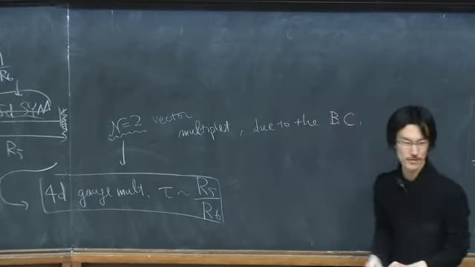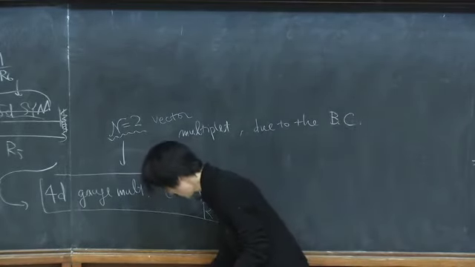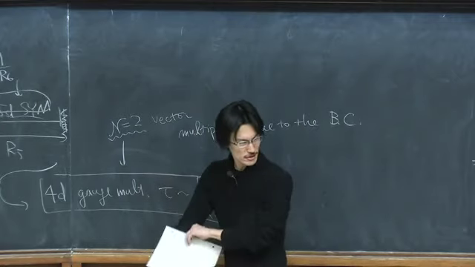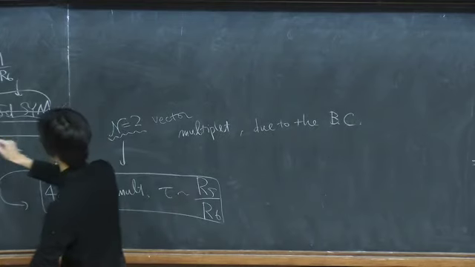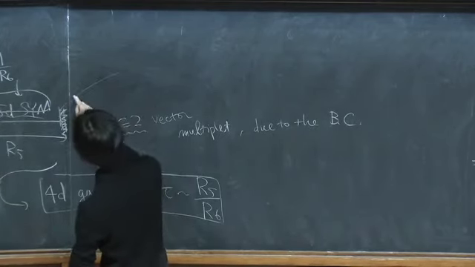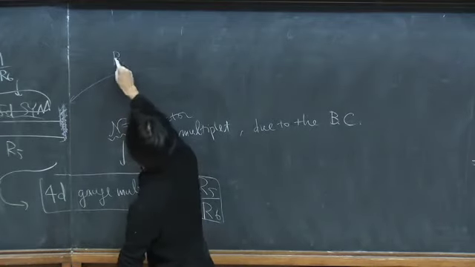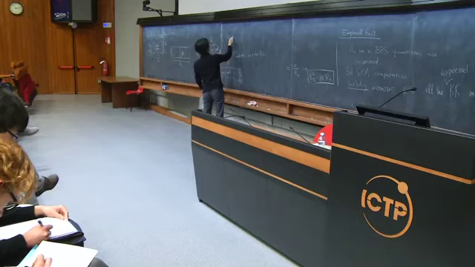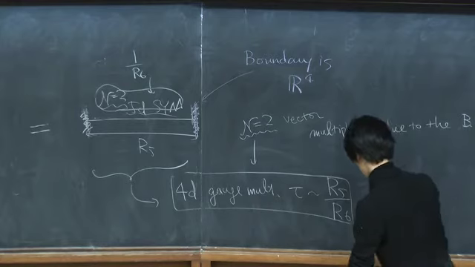So what is this boundary condition? From the 6D point of view, you cannot really say directly what exactly this boundary condition is, but there's one nice class of boundary conditions in 5D super Yang-Mills, which is the following. You realize that this boundary is R4, right?